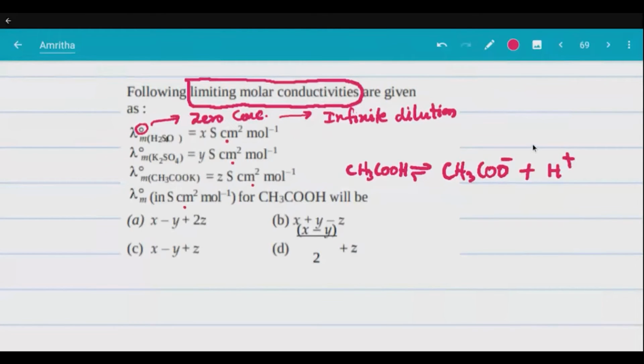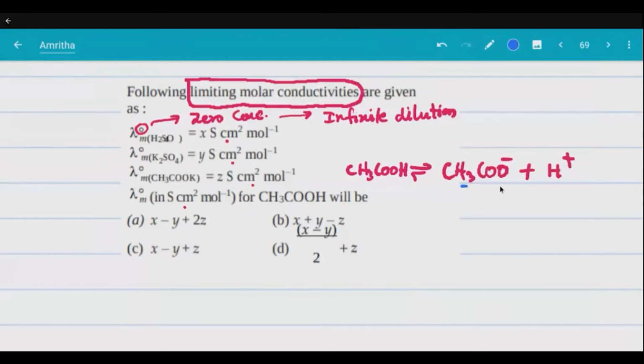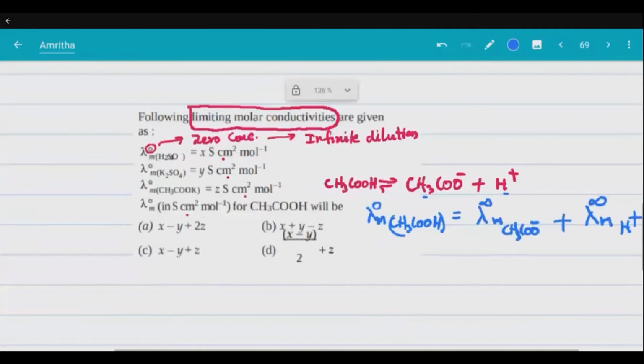We need these ions. Acetic acid at 0 concentration, or infinite, has the same meaning, infinite dilution. So acetic acid is equal to acetate ion plus lambda m infinity of H plus. Lambda m means molar conductance.